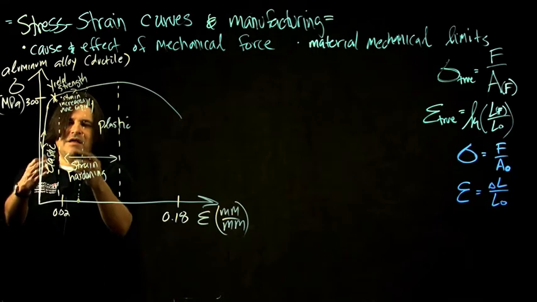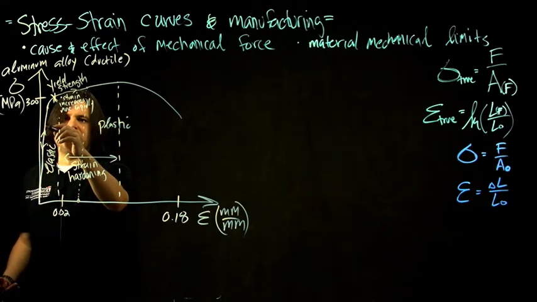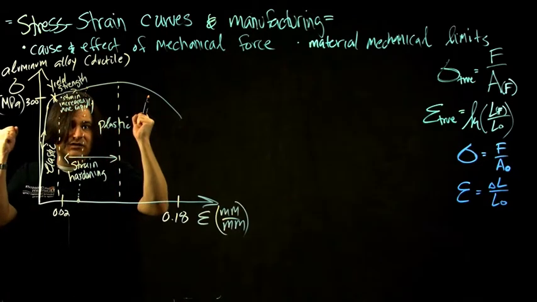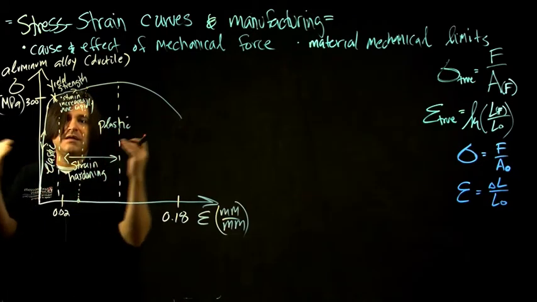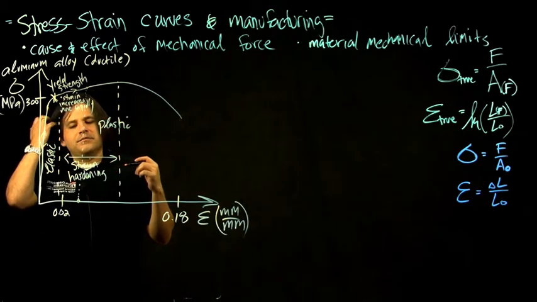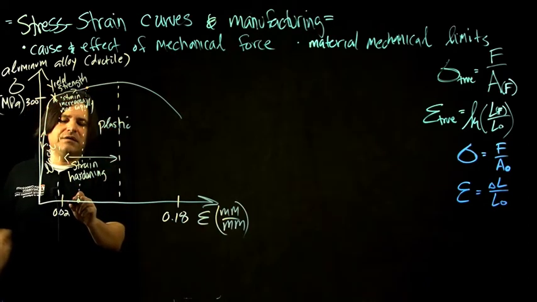It still has some elastic behavior, but this slope is not going to change. If you stop here, it is going to relax a little bit under tension. It'll go back a little bit, but it's still going to be deformed. And so this would be like a slight offset.